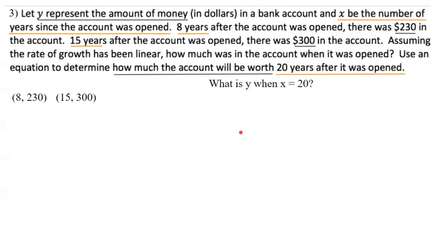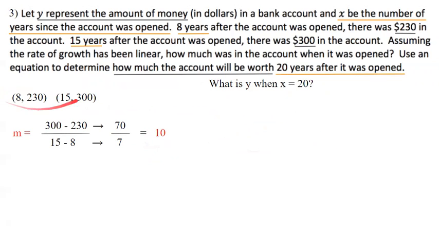Find the difference in the y values, which turns out to be 70, and the difference in the x values, which turns out to be 7, divide, and we'll get a nice even 10 as our slope. Next, we'll find the y-intercept by substituting one of these points. I'll go with 15, 300 this time. Again, either point works just fine.